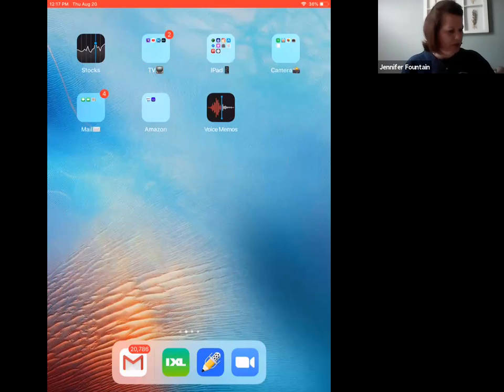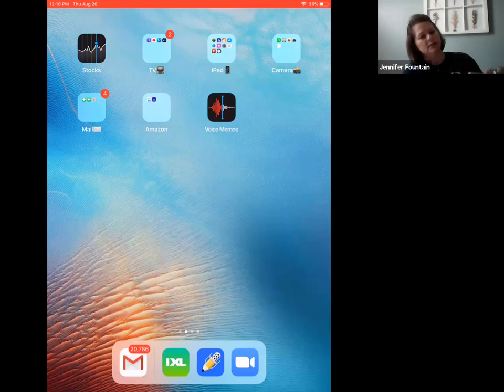So on my calculator, I'll turn it sideways. I may not even have a cubed root function on here. I only have square root. So let's do this. We'll Google it.